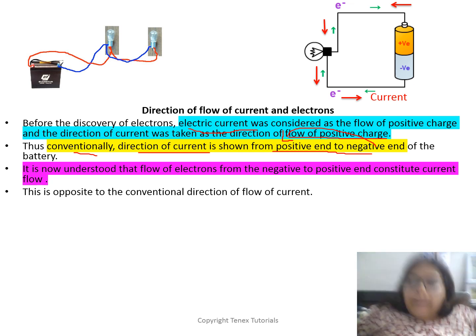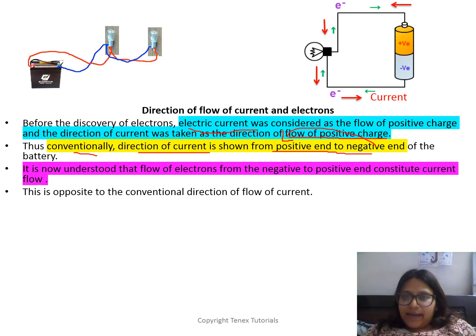So, guys, in the diagram which is given over here, you can see that the direction of flow of electrons is from the negative terminus to the positive terminus. So they are actually flowing. If you see this green arrow, you follow the green arrow. So it is flowing along the green arrow from the negative terminus to the positive terminus.